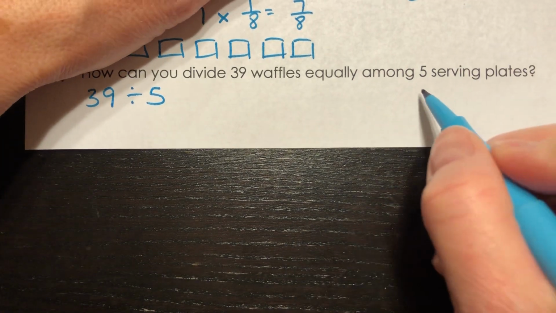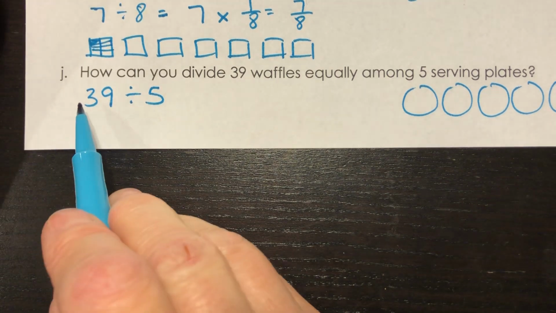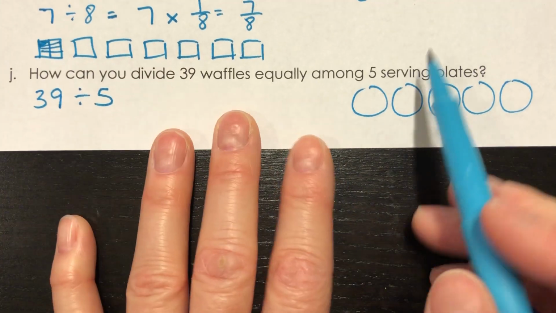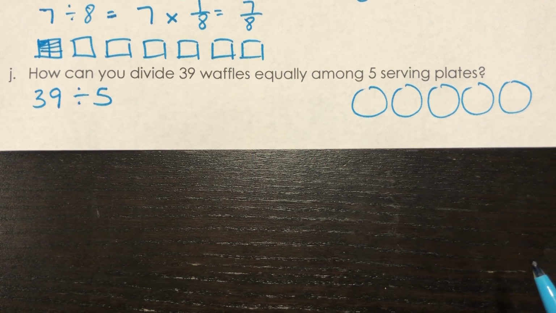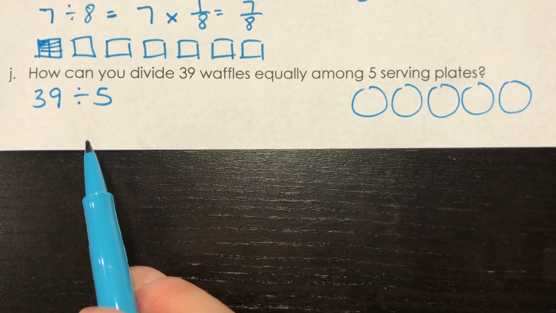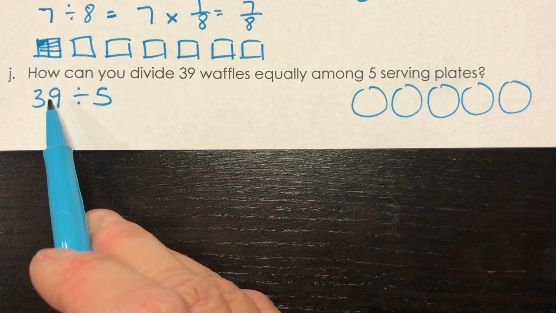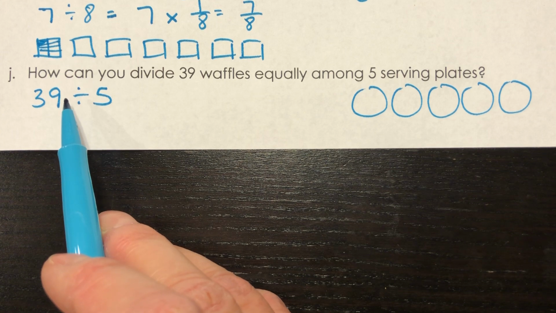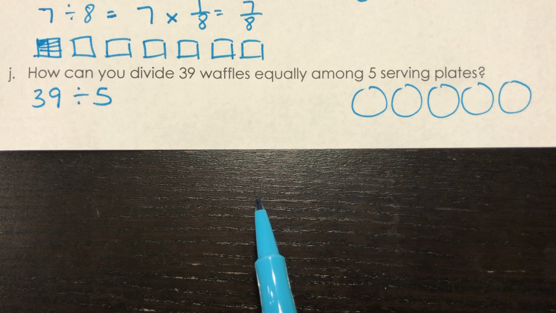We have 5 serving plates, 1, 2, 3, 4, 5. And I want to divide 39 waffles equally among those plates. Okay, so I'm guessing you're saying this is not going to come out to a nice whole number because I can't multiply 5 by something to get 39. I know that 5 times 8 is 40, so that's close, but 8's not going to work, right?